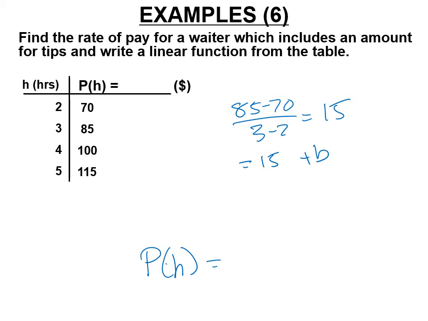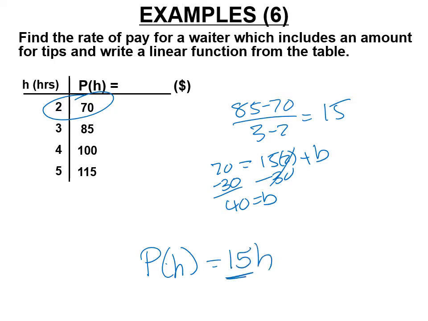I'm going to use the easiest one, 70 and 2. 15 times 2 is 30, so you subtract 30 from both sides. 40 equals b. So P of h equals 15 times h plus 40. He's getting $15 per hour, and this 40 is the tips. He already earned $40 in tips.